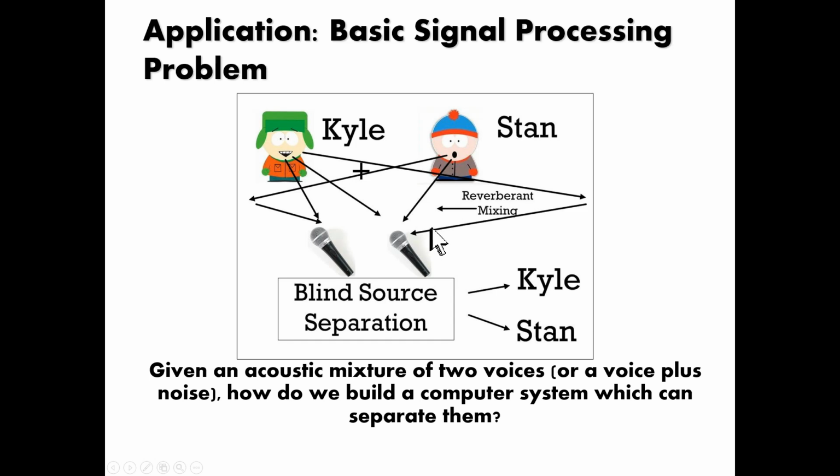Whereas if you're outside with no reverberation, it can be as simple as a delay or a constant between the microphones. But the idea of blind source separation is not knowing what these transfer functions are. Can we get back to the individual voices?